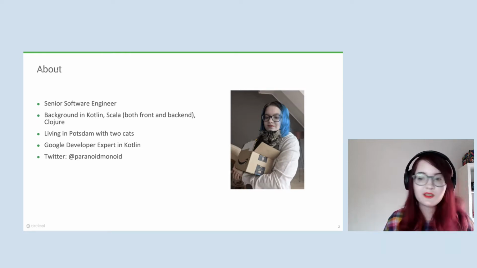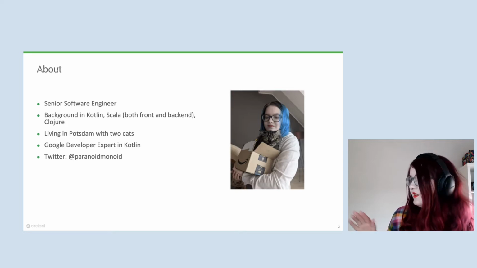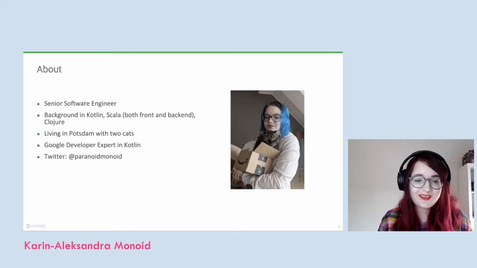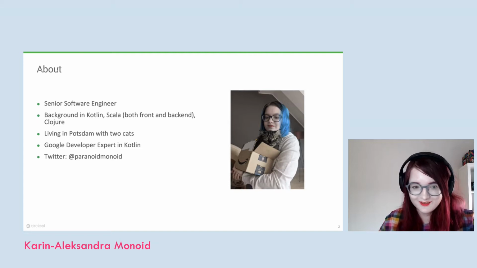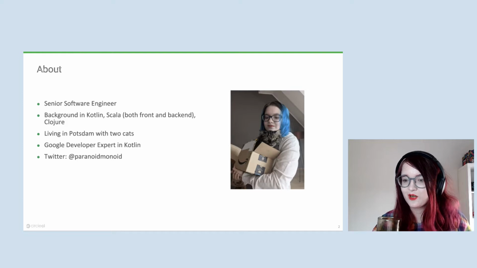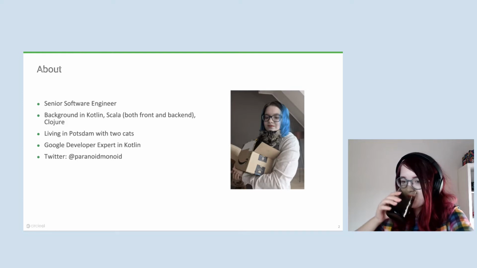So maybe you will hear them meow because they want to add their take on functional programming. Don't be mad at them. They're really talkative and friendly. I'm also a Google developer expert in Kotlin. And you can follow me on Twitter for more articles or announcements. So let's get started.